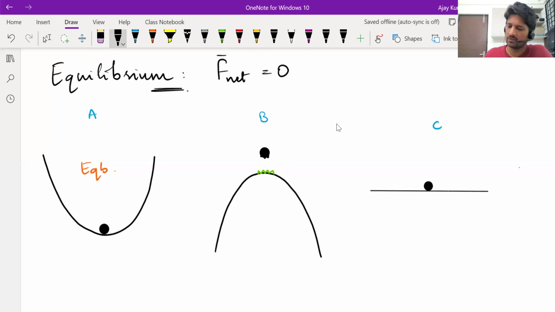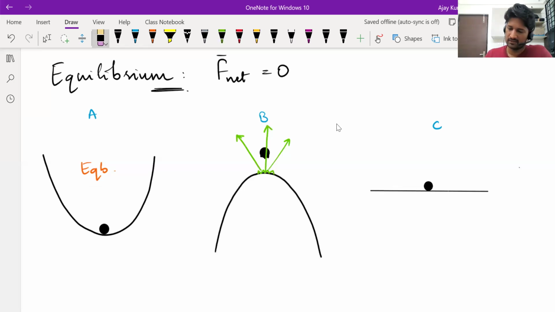So depending on how the ball is placed, how the molecules of the ball interact with the molecules of the surface, the normal force may act at an angle like this or at an angle like this. It's very hard to place it in such a position where the normal force acts exactly in the vertical direction. That's why in a real life situation, most likely the ball will slide off or roll off either side.